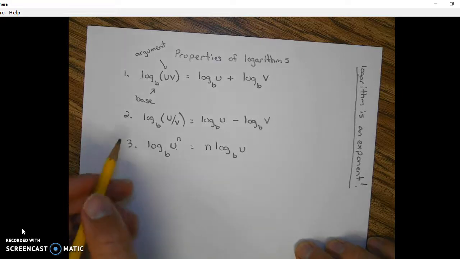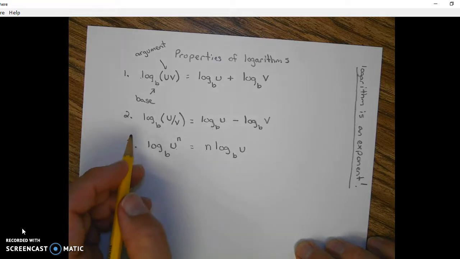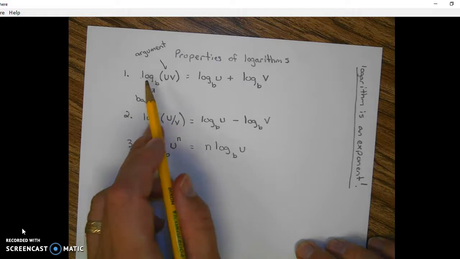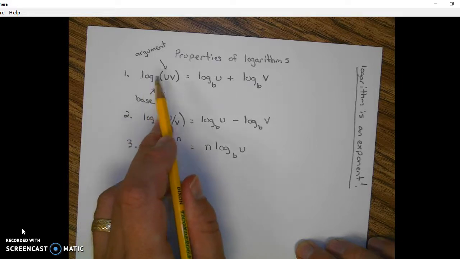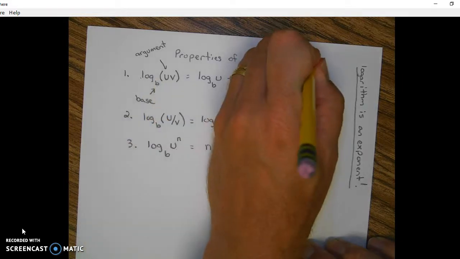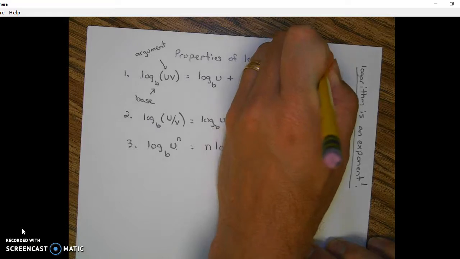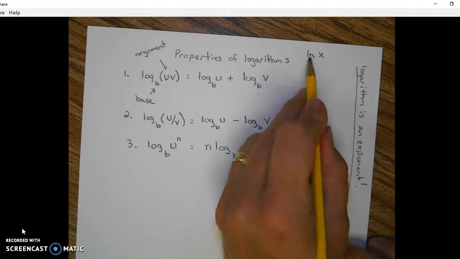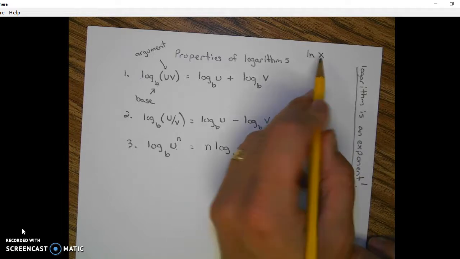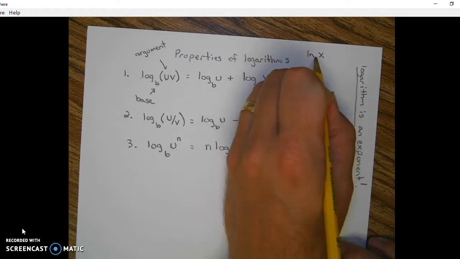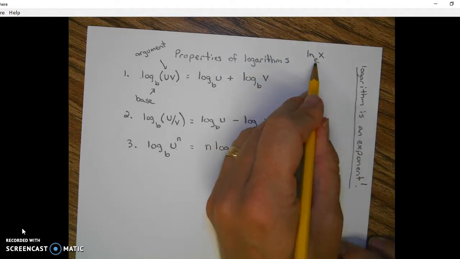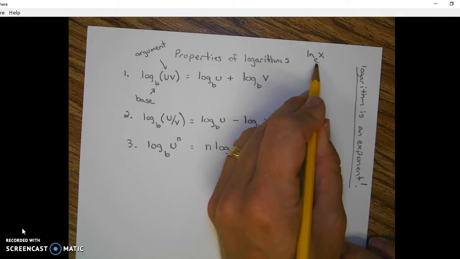Now this also works with natural logarithms. I haven't talked about natural logs yet, but we use natural logs when our base is e. And we talked about e just recently.